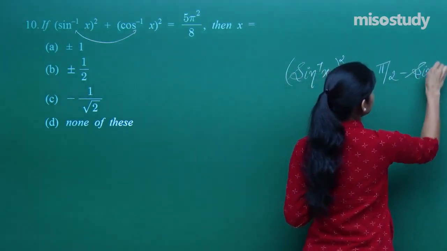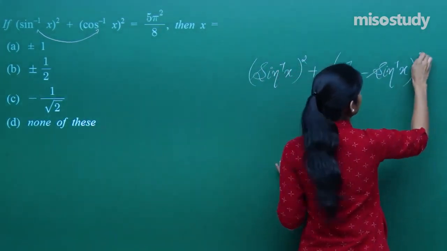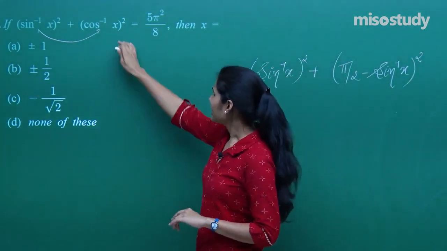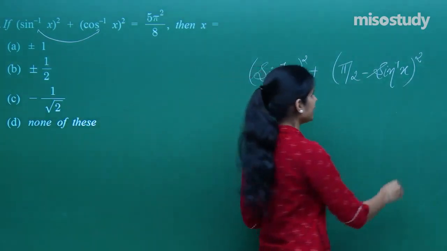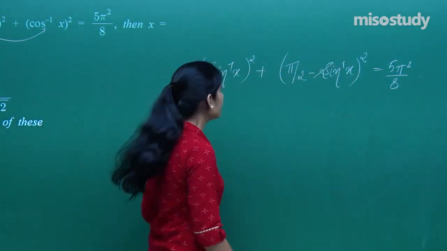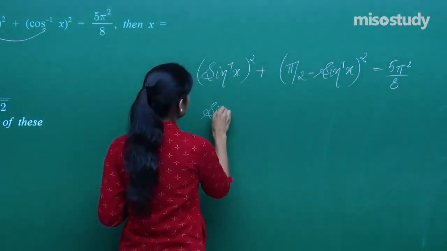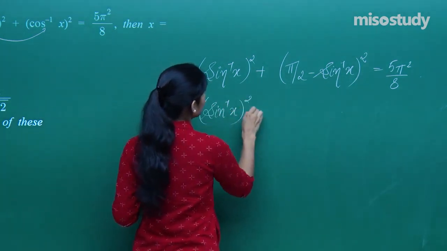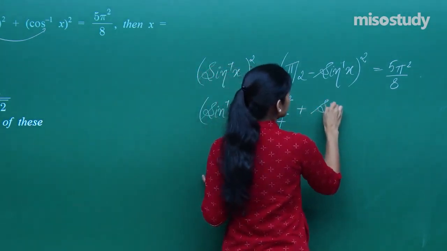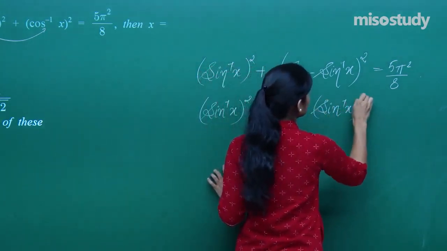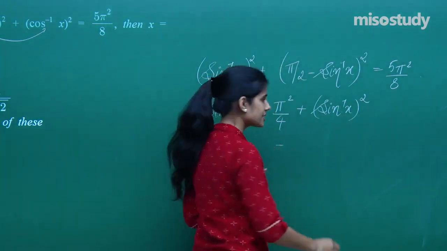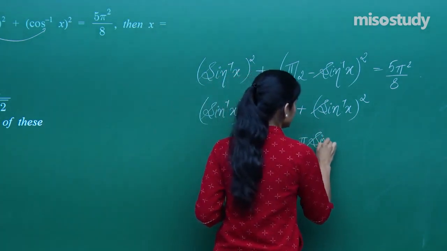So that everything is just converted in terms of one single trigonometric function, which is sin inverse. That is what is given to us as 5 pi square by 8. Let us open this stuff up. You have sin inverse x whole square plus pi square by 4 plus sin inverse x whole square minus twice of pi by 2 into sin inverse x, that makes it pi sin inverse x.